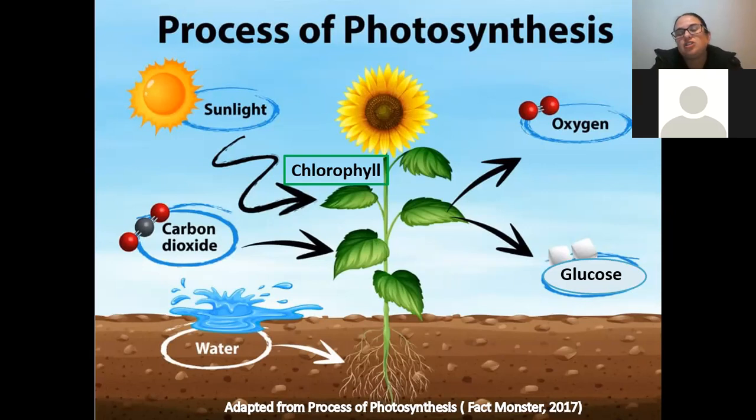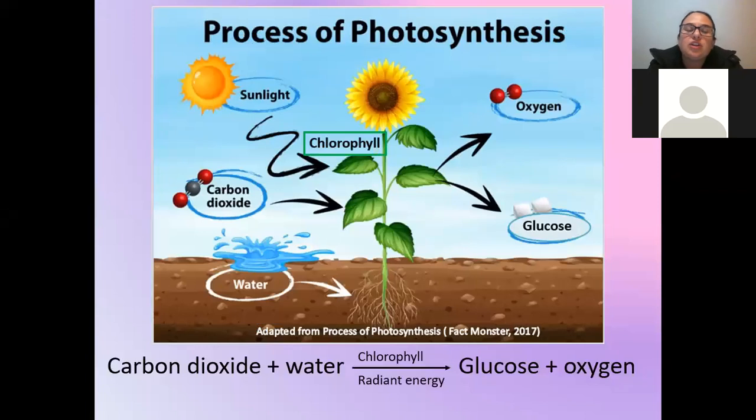You can simplify it, just doing one green leaf and then have the sunlight coming in, the carbon dioxide coming in, and the water coming in. These are your reactants, your requirements, the things you need in order for photosynthesis to take place. And then on the right-hand side, going out of the leaf, you will have your glucose and your oxygen, and these are your products, the things that are produced through this reaction.